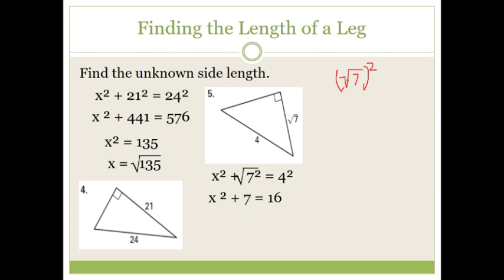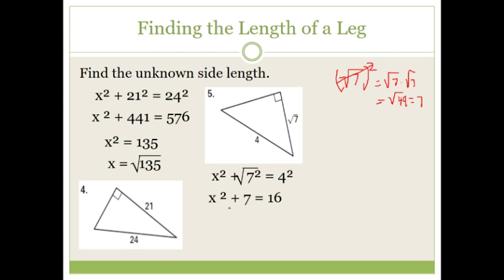One is that taking the square root of something and squaring are inverse operations, and they cancel each other out, leaving you just what's underneath the radical. Another way to think about it is that the square root of 7 times another square root of 7, because that's what the square root of 7 squared would mean, right? I would multiply it by itself. That would equal the square root of 49, and the square root of 49 is 7. So we get back to where we started.